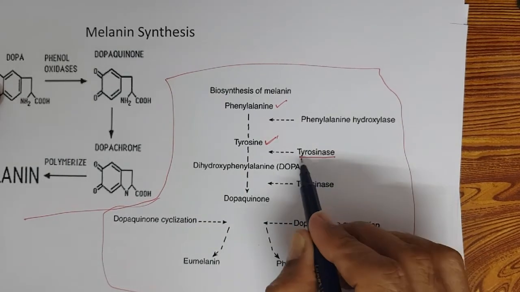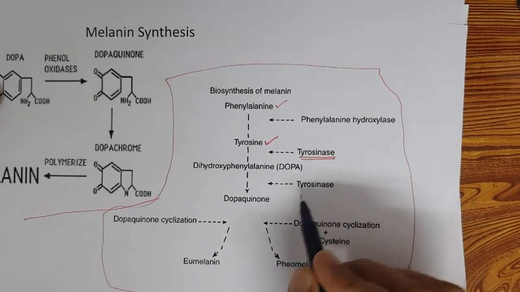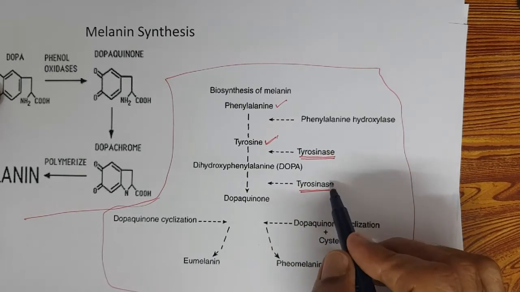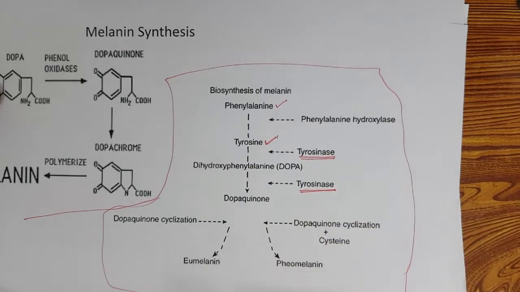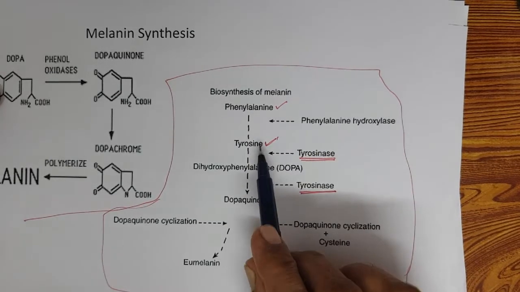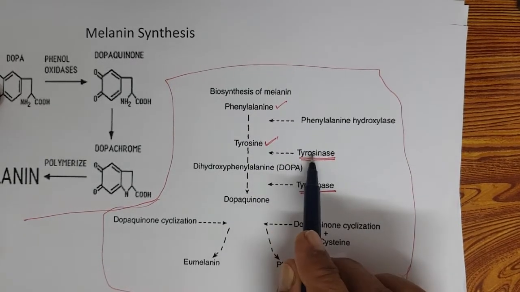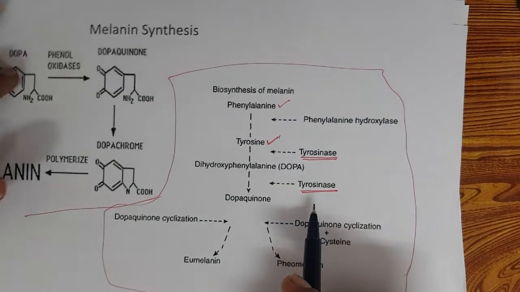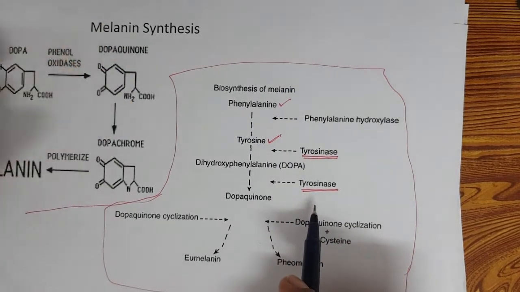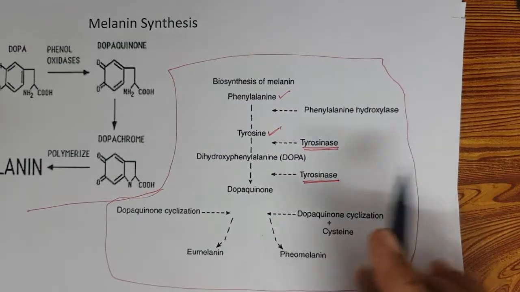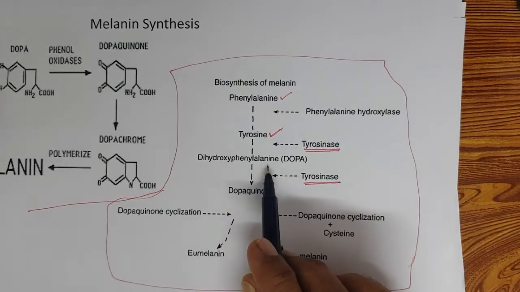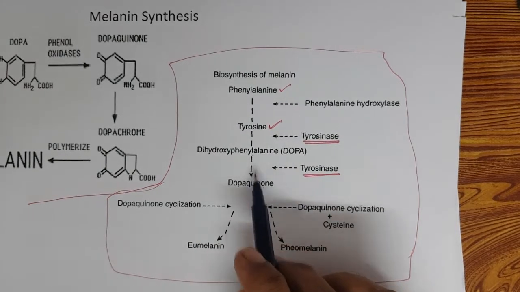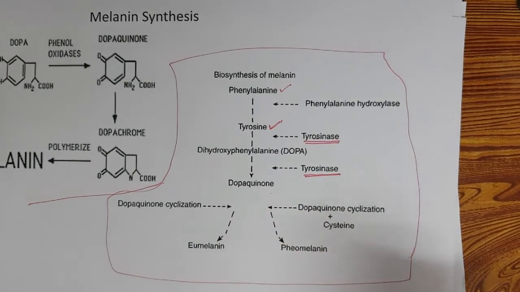Remember the enzyme tyrosinase; the enzyme tyrosinase is used in 2 steps. Tyrosine, with the enzyme tyrosinase, is converted into DOPA. Dihydroxyphenylalanine is DOPA, right? And from DOPA you get dopaquinone.